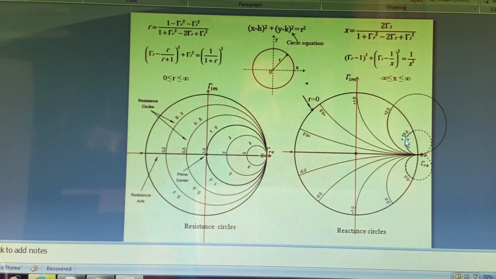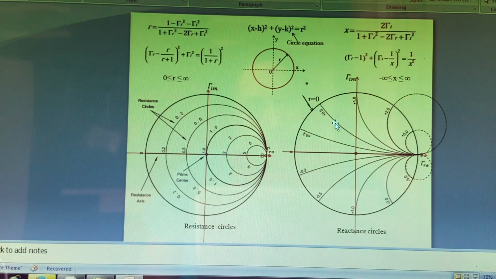This is a reactance value of plus 5. The value of reactance is written outside the circle. Similarly, we can see here plus 2, written outside that circle, and plus 0.2. They are on the periphery of the r equal to 0 circle. You can see these are reactance values.